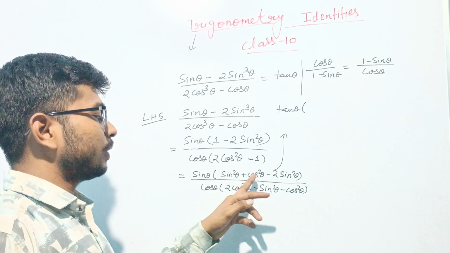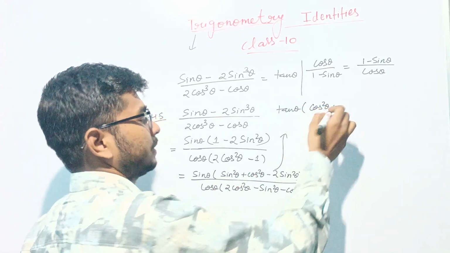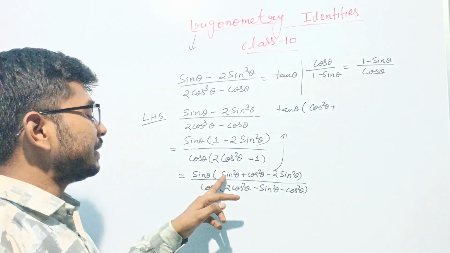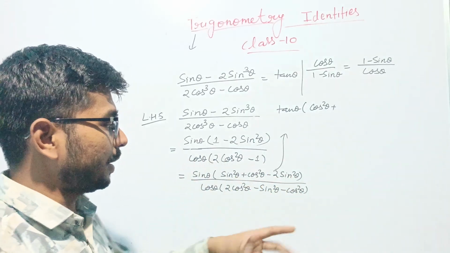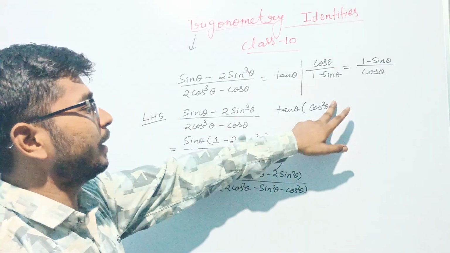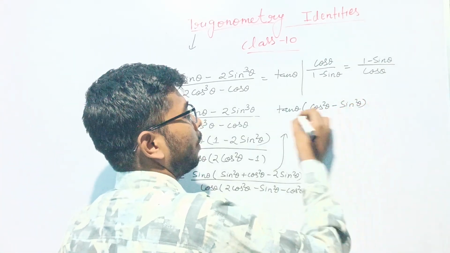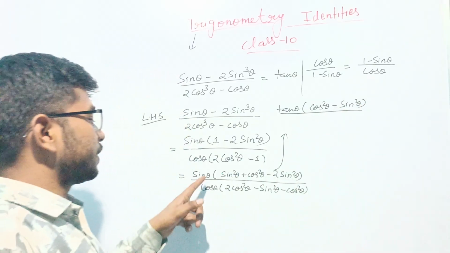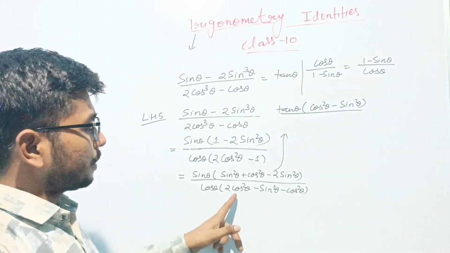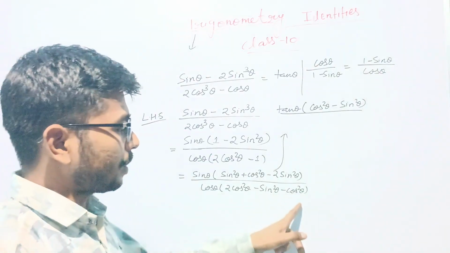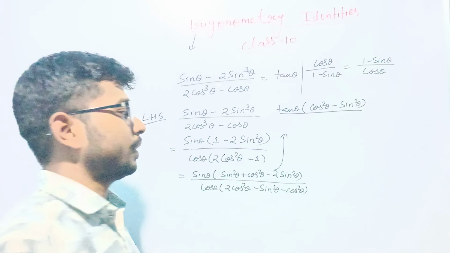First write cos squared theta plus sin squared theta minus 2 sin squared theta, you will get minus sin squared theta because 2 is greater. Upon, 2 cos squared theta minus cos squared theta, 2 is greater, positive, so you have to write cos squared theta only.